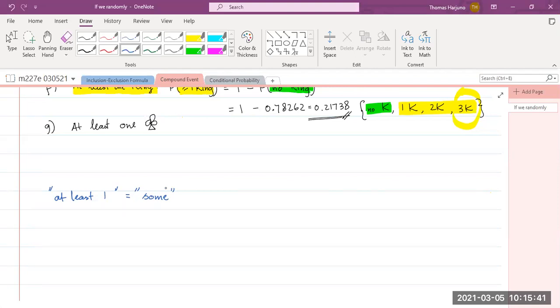When we say something is wrong with that person, then you mean at least 1 thing is wrong with that person. There's at least 1 thing wrong with Thomas. Now the complement of that, the negation of at least 1, the negation of some, is none.